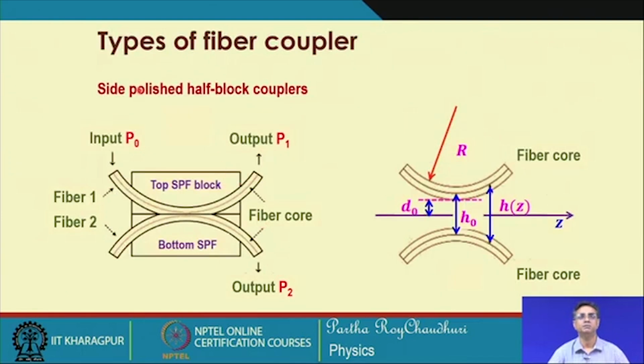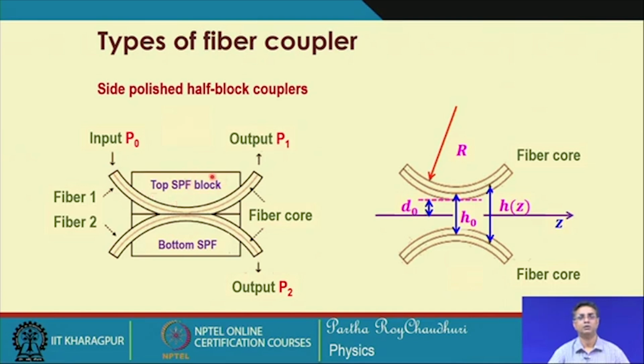One mechanism is the side polished half block coupler. In that case, you have a glass block, a quartz block, in which you make a groove and place a fiber, and you have another such block with an almost identical fiber.